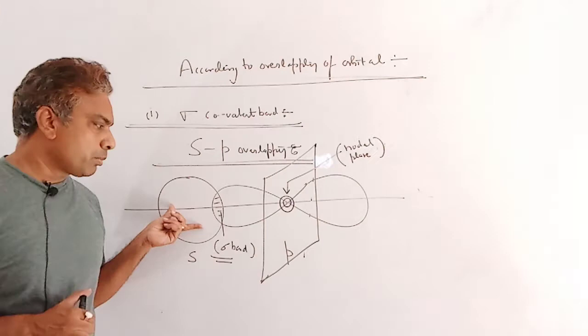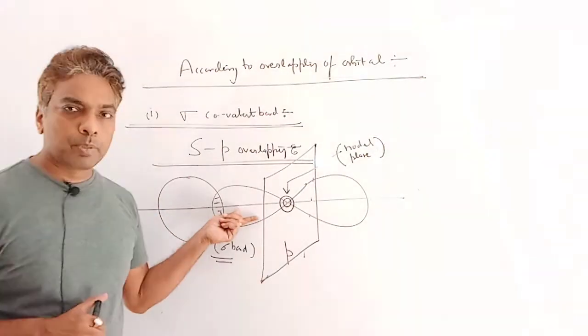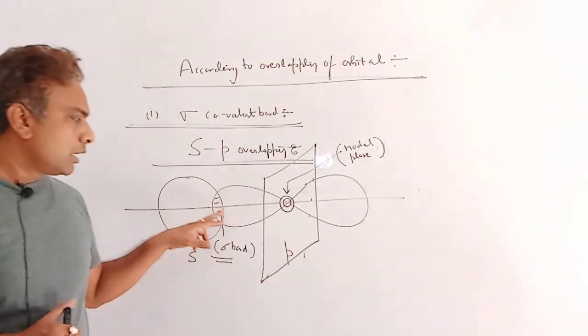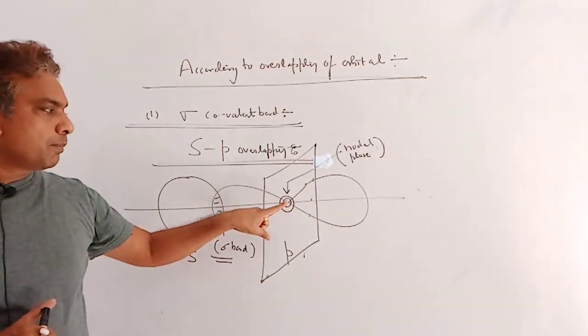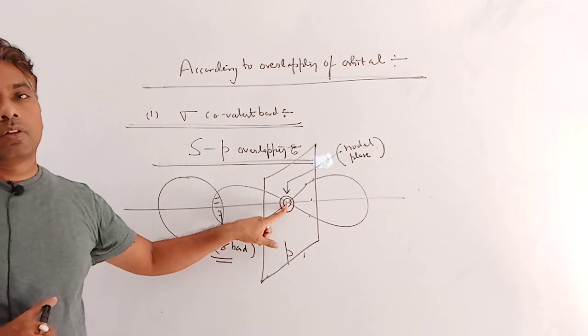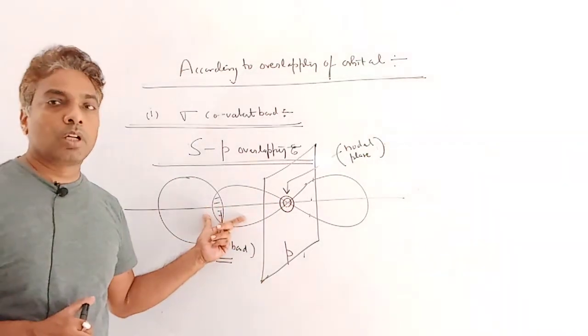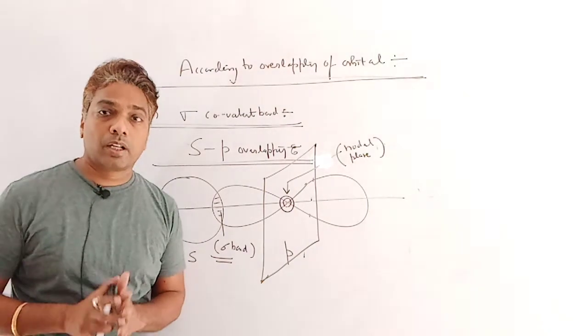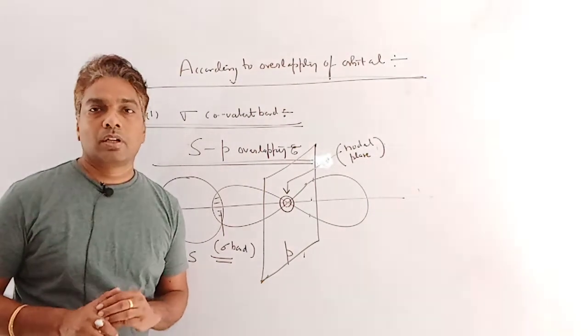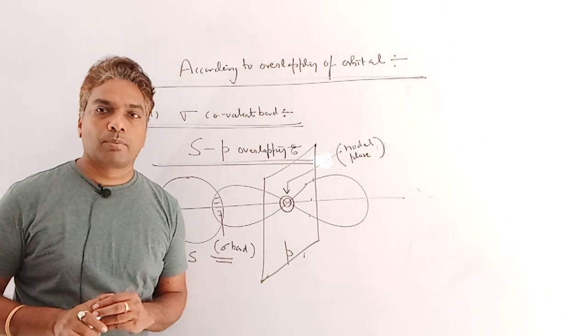One s orbital overlaps to one p orbital, and in this overlapping, one plane is observed perpendicular to the plane of overlapping where the probability of finding electron is least, which is known as nodal plane.